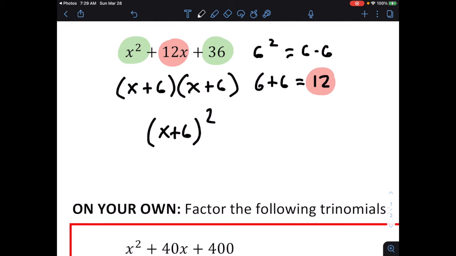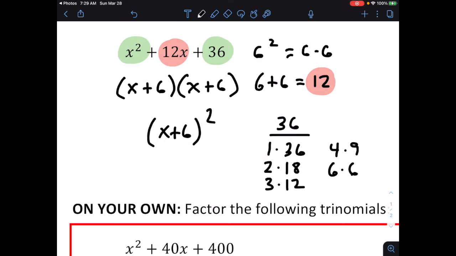I didn't go through making the list of factors for 36. I really easily could have done that and said it's 1 times 36, 2 times 18, 3 times 12, we've got to get 4 times 9 in there, and 6 times 6.